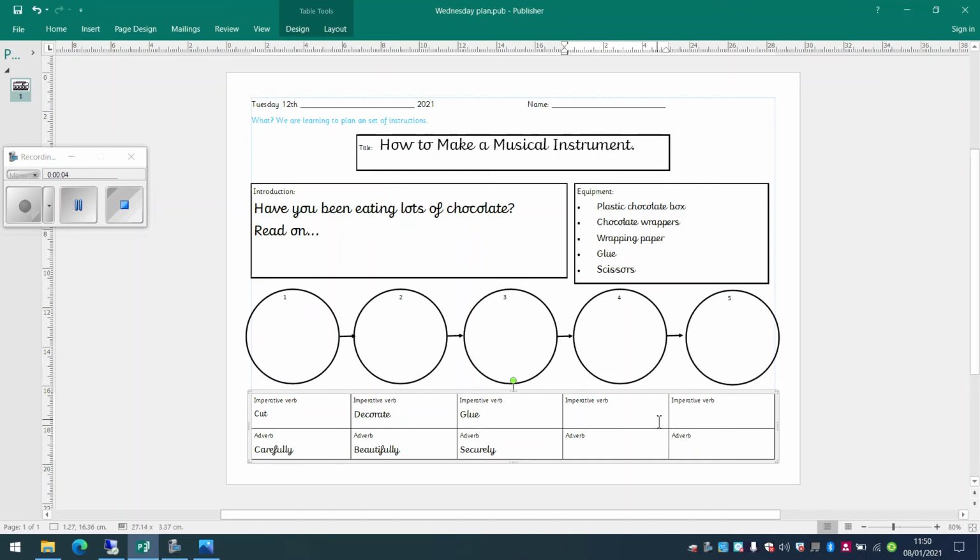The next thing I did was I filled my tub with sweet wrappers. So my imperative verb is fill. That's telling me what to do. Fill the tub.